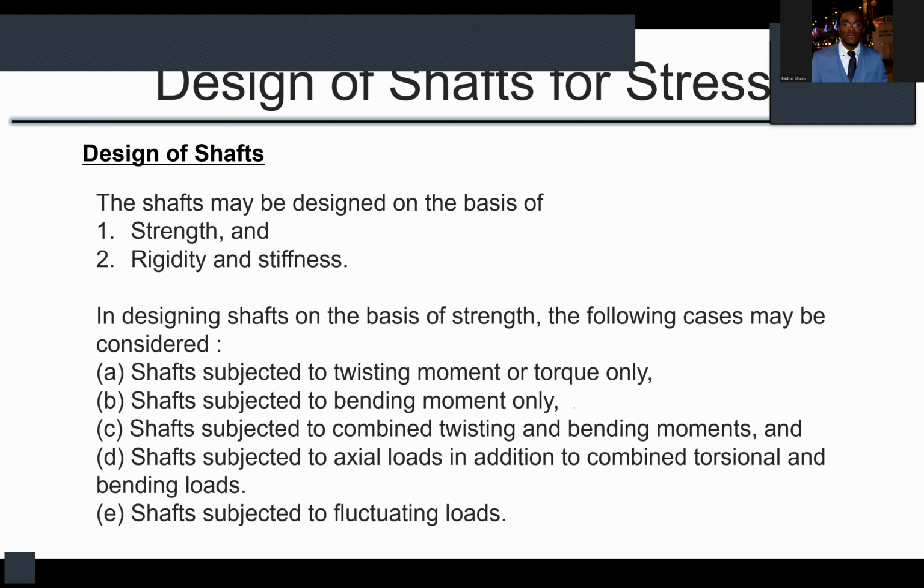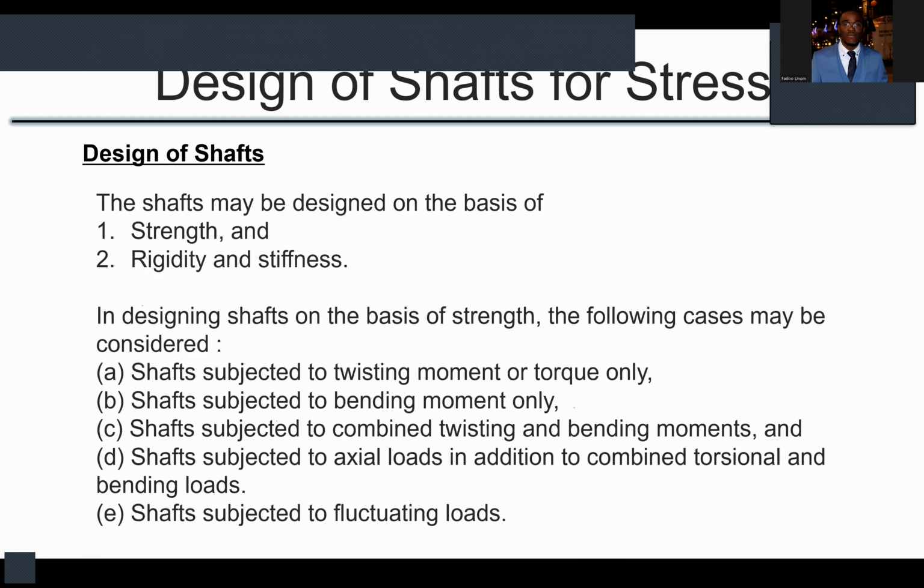All right, so the first case of designing shafts on the basis of strength is the case where we say the shaft is subjected to twisting moment or torque only, no bending moment. What that means is we are saying that all the elements that you have put on this shaft and the shaft itself have negligible weights, and there is no external force acting on the shaft to cause it to bend.